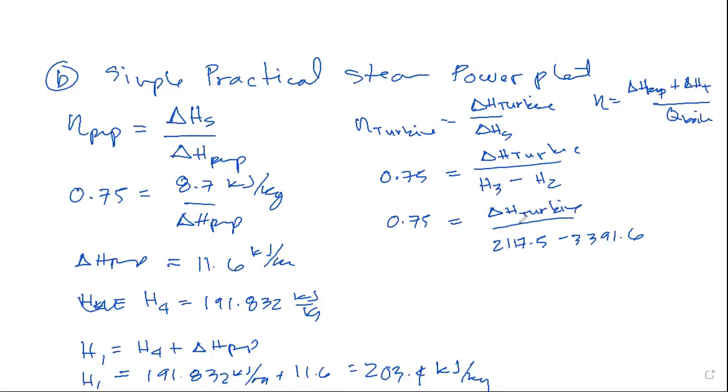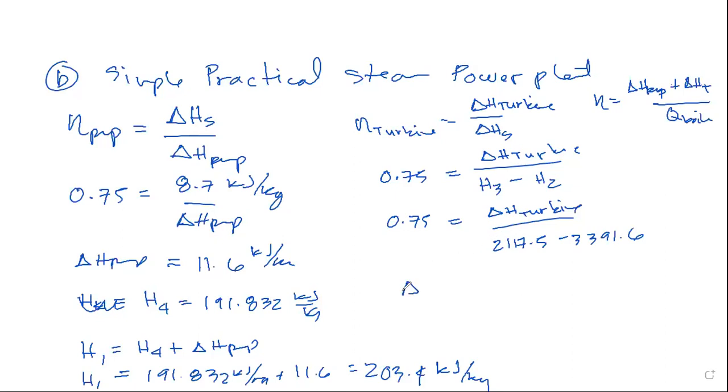Actually, parang mas madali yun, mas less prone sa error kesa ito. Kasi mag-iisip ka pa dito kung paano mo i-calculate yung H3 ulit. Delta H turbine is equals to H3 minus H2. So, pwede rin. Sana nakukuha niyo yun. Actually, tuloy ko na lang to.